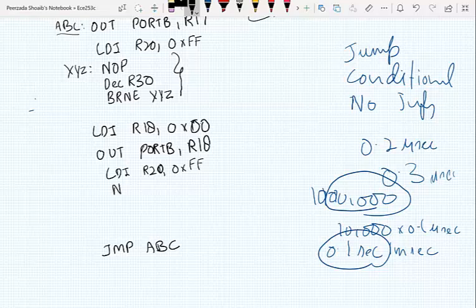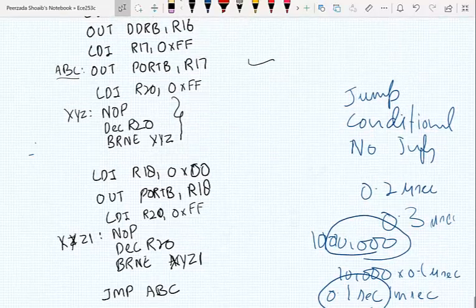NOP, no operation again, decrement R20, and branch if not equal to, this time we won't use XYZ, maybe something else, maybe XYZ1. So we will branch here to NOP again, XYZ1.